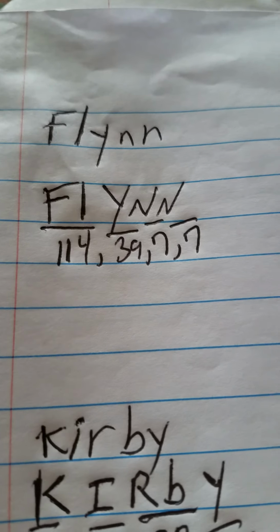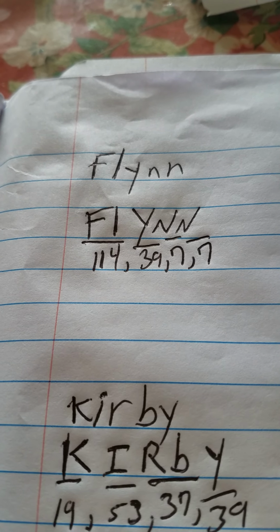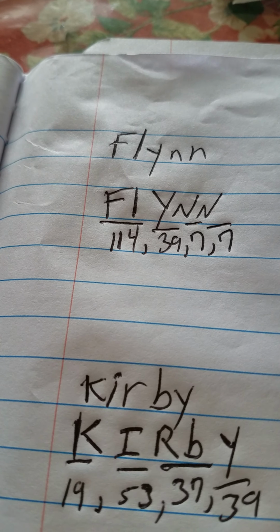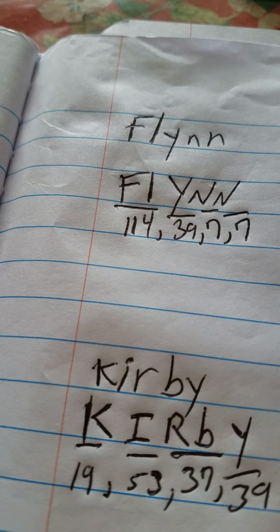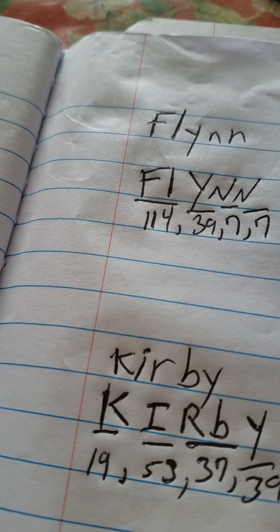For many years I've been studying chemistry and the periodic table of elements. In the periodic table you have chemical symbols and atomic numbers and orbits and all those things.